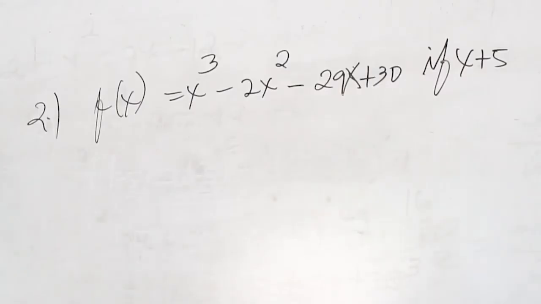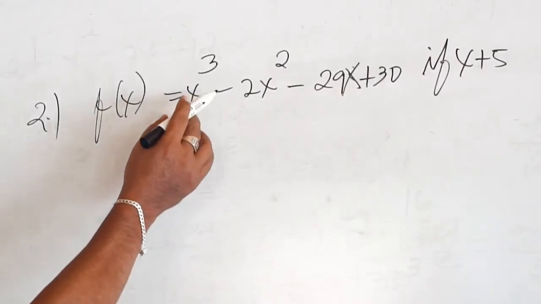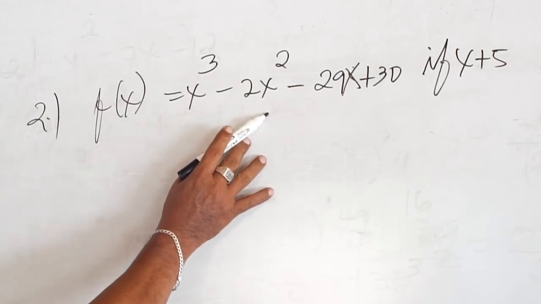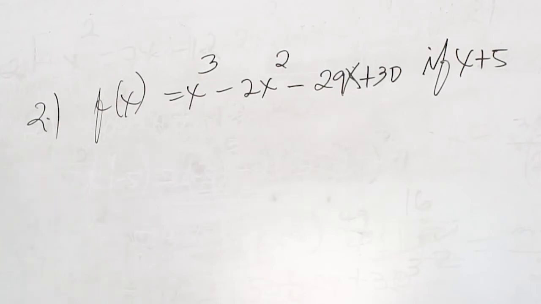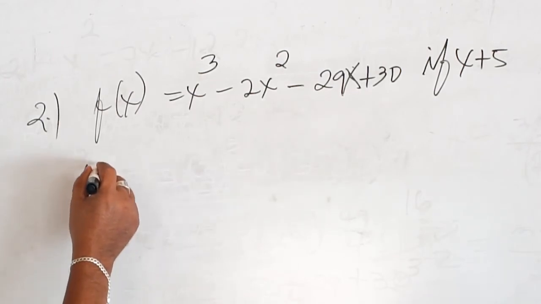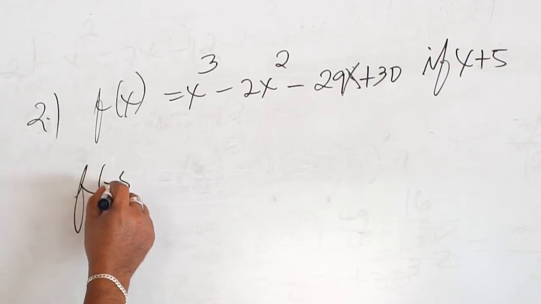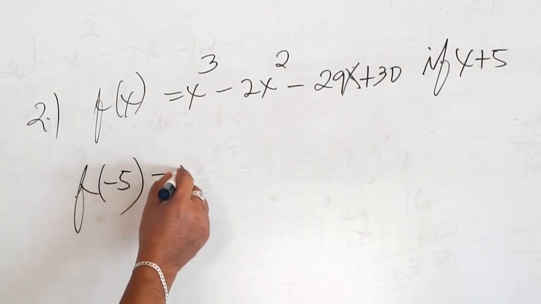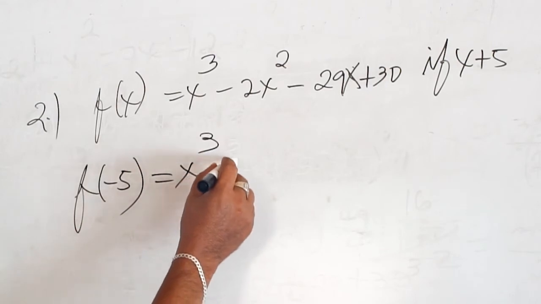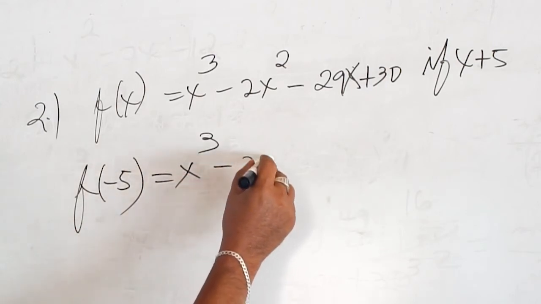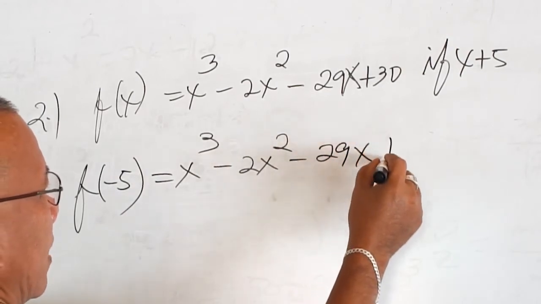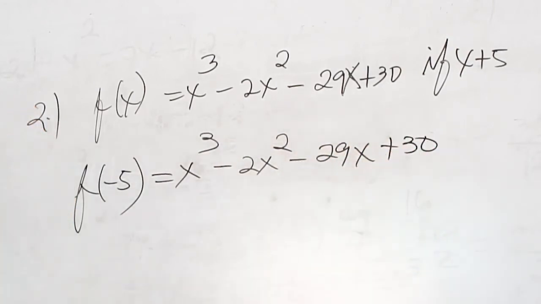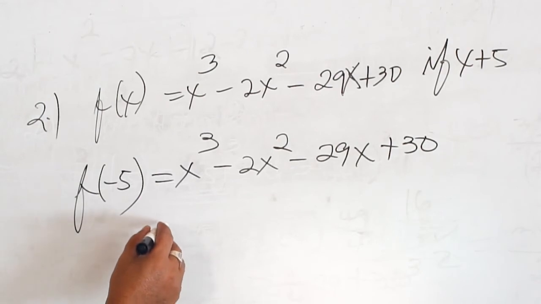For number 2 example, x cubed negative 2x squared negative 29x positive 30. If x is positive 5, then f of negative 5 is equal to x cubed negative 2x squared negative 29x, then we have positive 30. Then substitute the value of x.